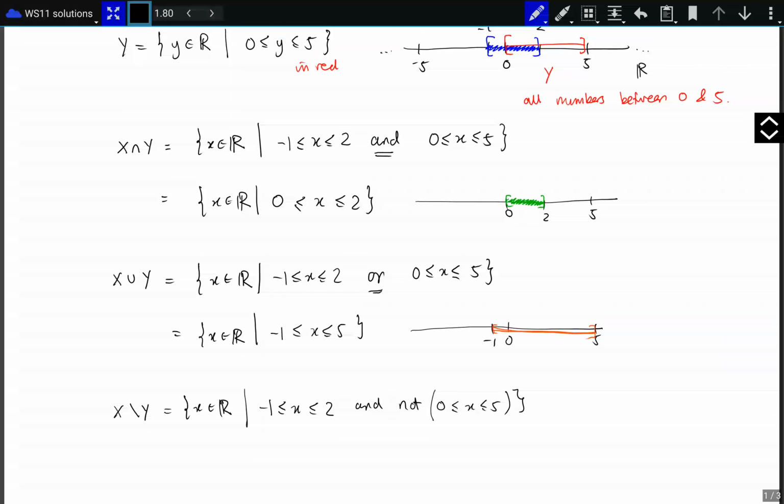So if I draw the answer first, it's all of these, but not 0, so these numbers. And so this is the set of real numbers where -1 is smaller or equal to x, but it's strictly less than 0.